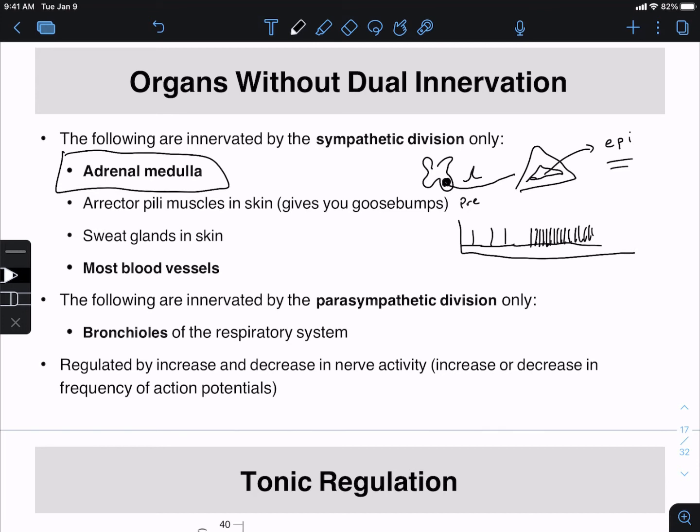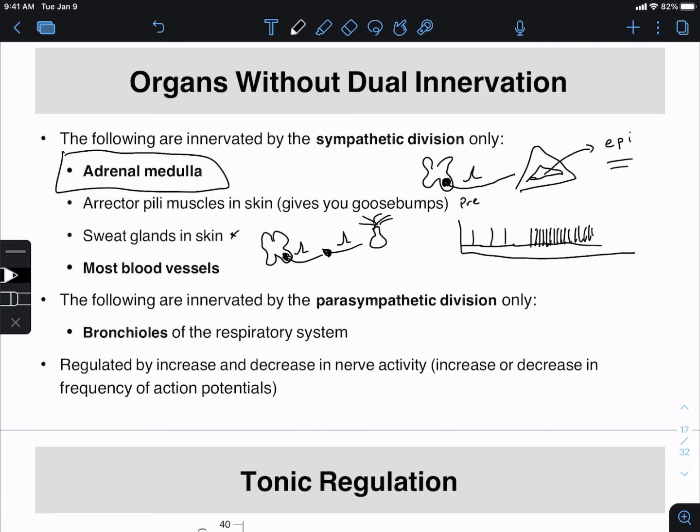Sweat glands in the skin, similar kind of idea. We've got our preganglionic neuron, we've got our postganglionic neuron, and we've got this little gland in the skin. In response to an action potential being generated, we squirt that out onto the surface of the skin.